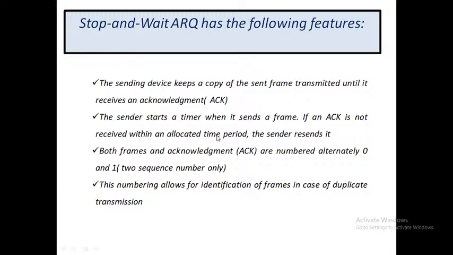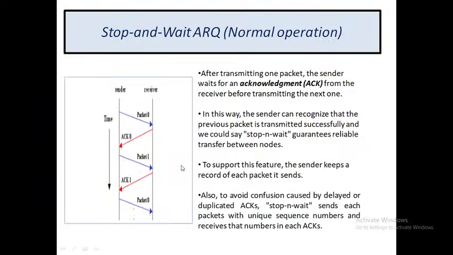Both frames and acknowledgements are numbered alternatively 0 and 1, as I will be showing, and the numbering allows for the identification of the frame in case of duplicate transmission when the retransmission concept is there. Why are we using the numbers? Because we want to notify how many frames we are transmitting, and for that reason also we are using the numbering scheme.